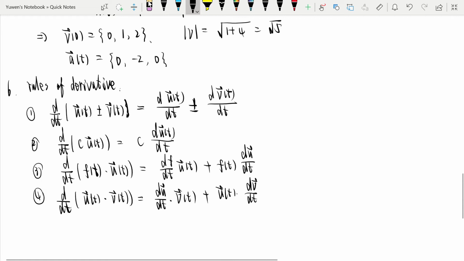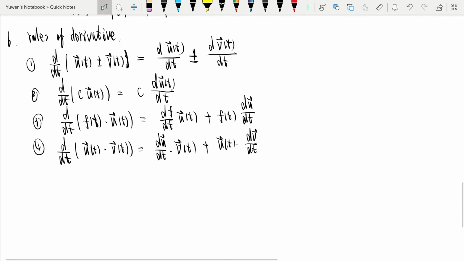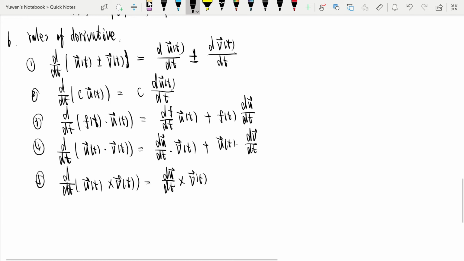That's to say, the form is similar to the scalar function. But for cross product u(t) cross v(t), that is du/dt cross v(t) plus u(t) cross dv/dt.